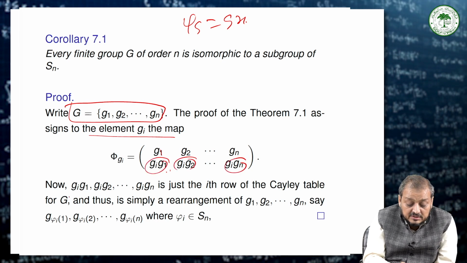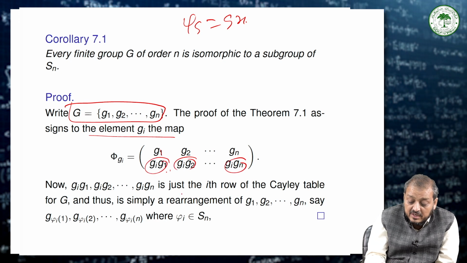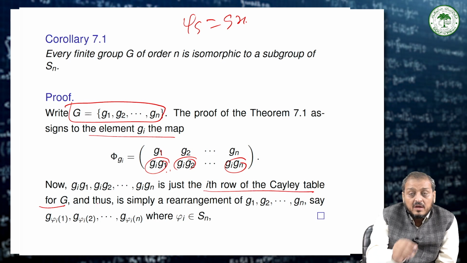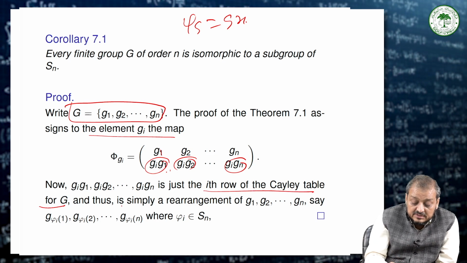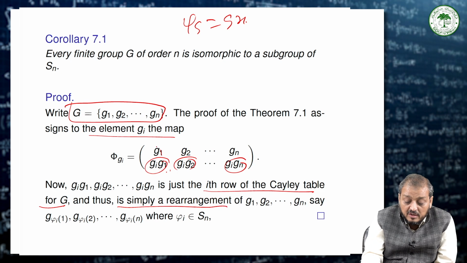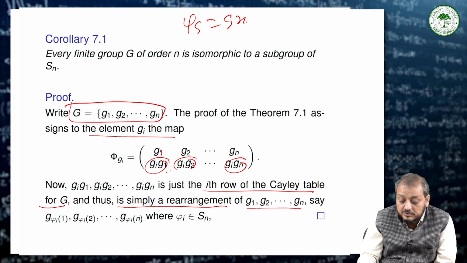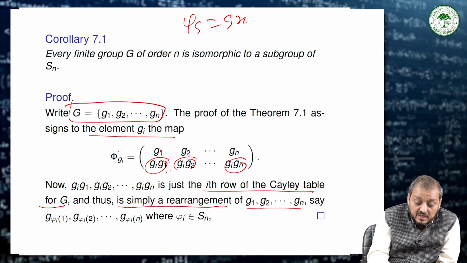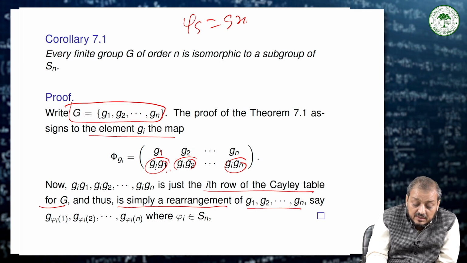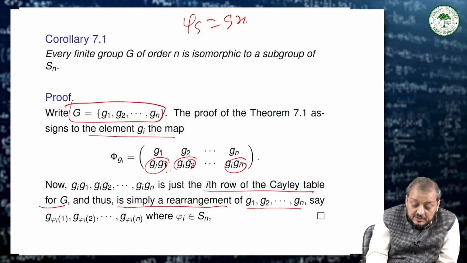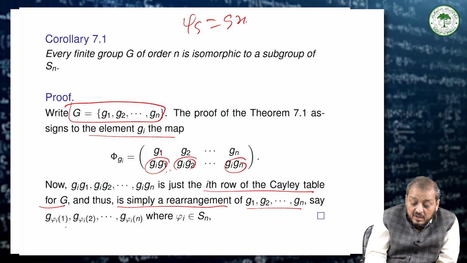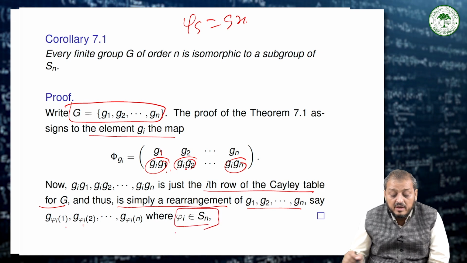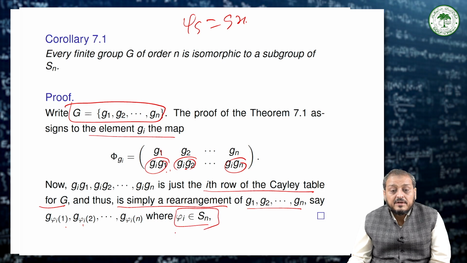Now, since Gi G1, Gi G2, and so on is just the ith row of the Cayley table for the group G, it is simply a rearrangement of G1, G2, G3 up to Gn. This is nothing but G of phi I1, phi I2, and so on, where phi I is an element of Sn.